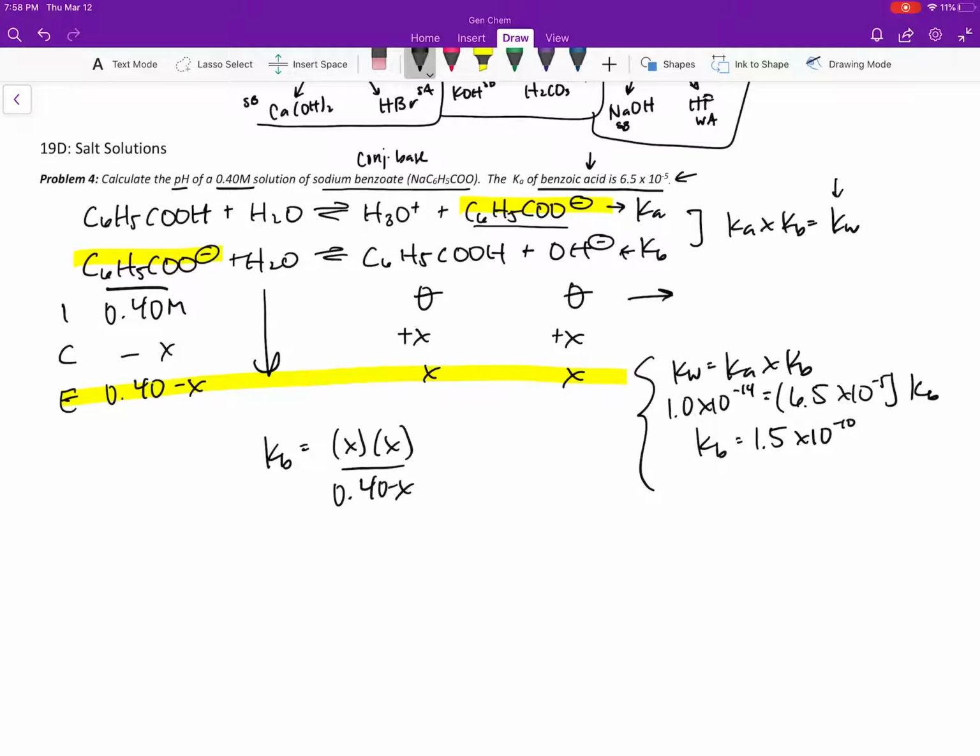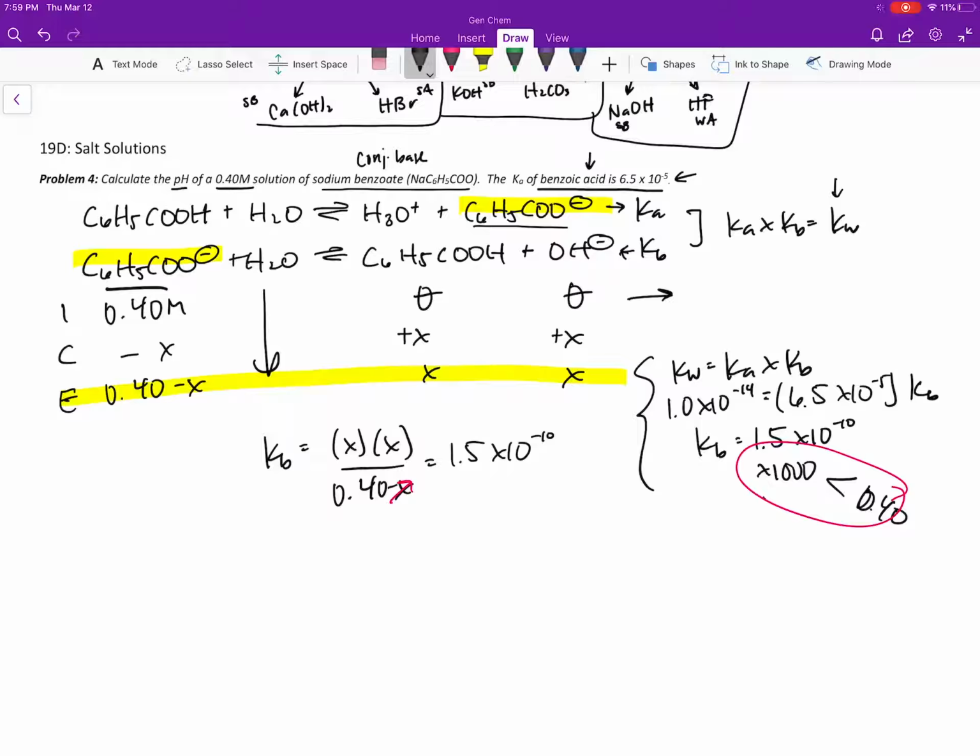So here's my Kb. Now I need to see if my 10% rule can be used here. If I multiply this by 1,000, indeed, this is still going to be less than 0.4, which is my starting amount, which means I can get rid of that minus x.